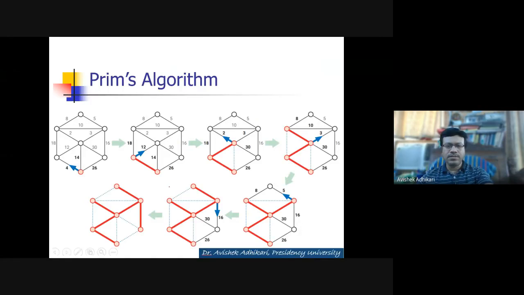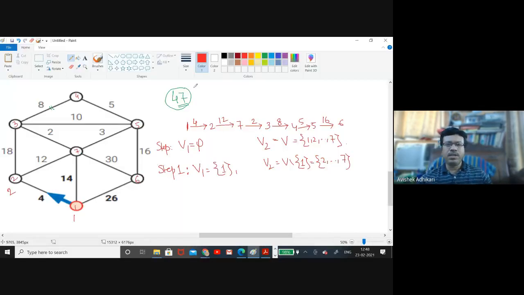Now what it says, have a look at all the edges that go out. For example, here you have taken this vertex. Now have a look at all the vertices from where you can move. So from vertex 1, have a look at all the vertices you can go to through some edge. For example, from 1 you can go to vertex 6, vertex 7, and vertex 2, and no other vertices, right?